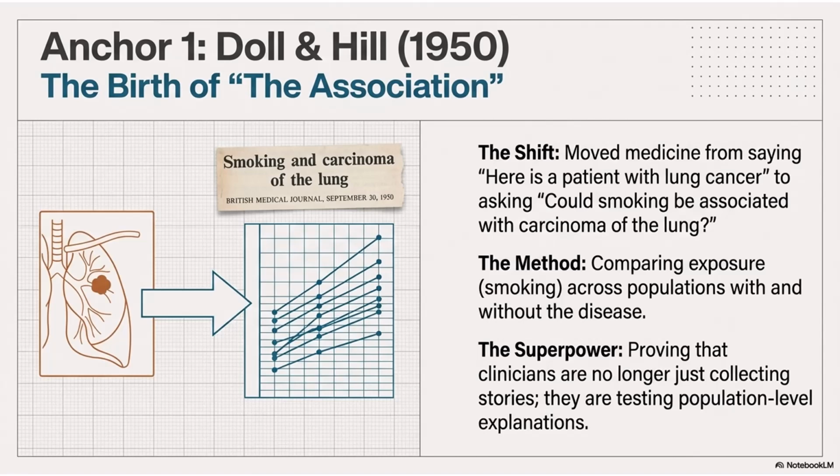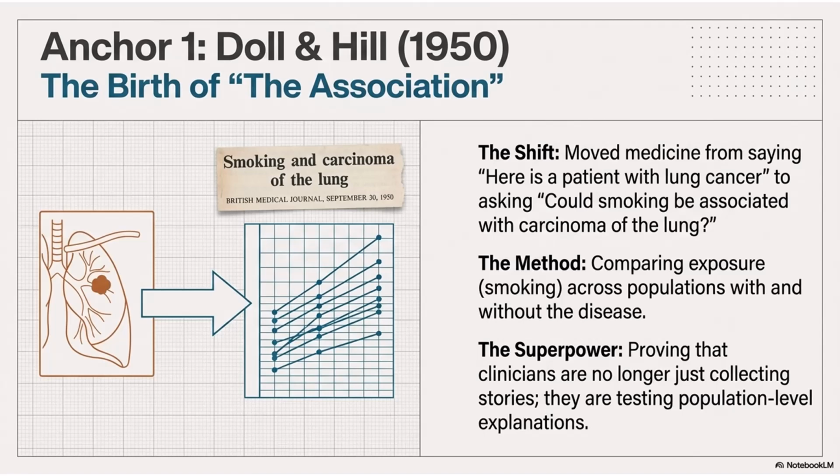Doll and Hill asked a very simple but revolutionary question. Could smoking be associated with carcinoma of the lung? Notice the wording. They were not yet saying smoking causes lung cancer with full confidence. They were asking whether people with lung cancer differed systematically from people without lung cancer.